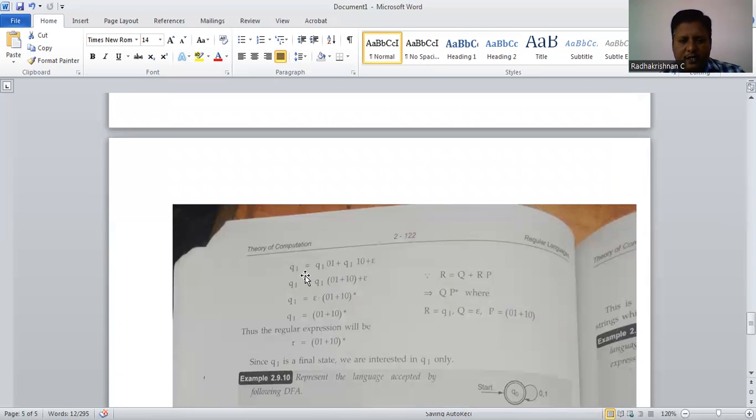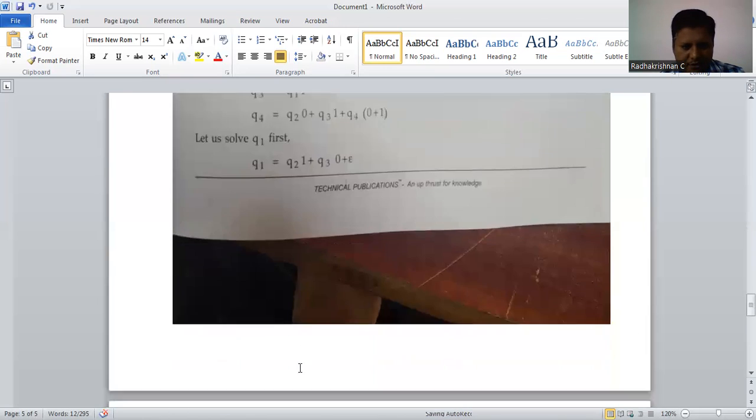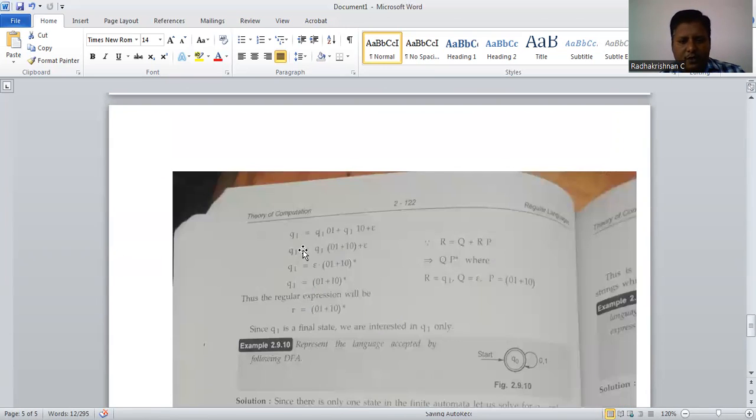From Q1, we have the solution of Q2, which is Q1 0. Just substitute the Q2 value into Q1. Similarly, Q3 has Q1 1, so just replace the corresponding values. Then Q1 is equal to Q1 0 1 plus Q1 1 0 plus epsilon.